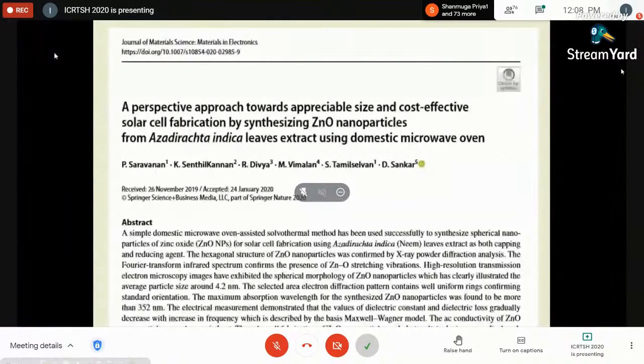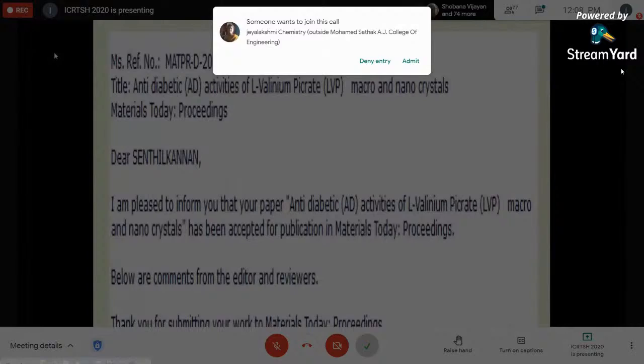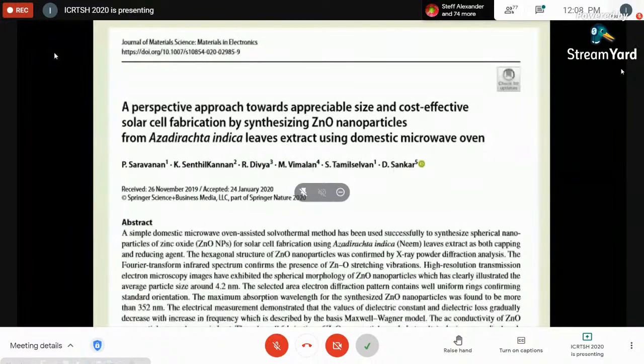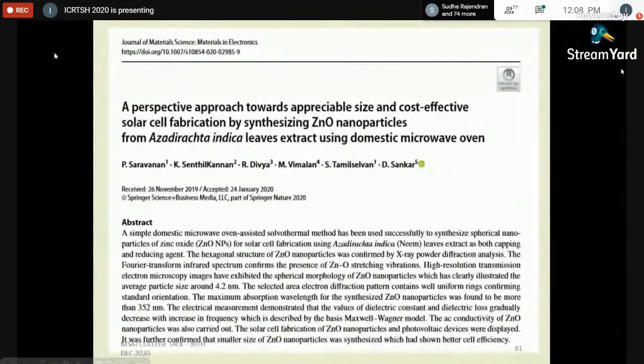Solar cell applications of the zero nanoparticles, that is from slide number 81. So that is a zero nature. It's a Springer application. Solar cell we have not yet discussed; that we will discuss soon. Next slide, please.